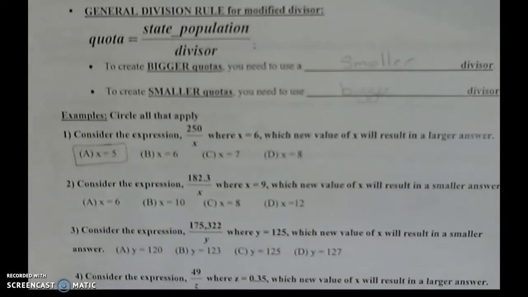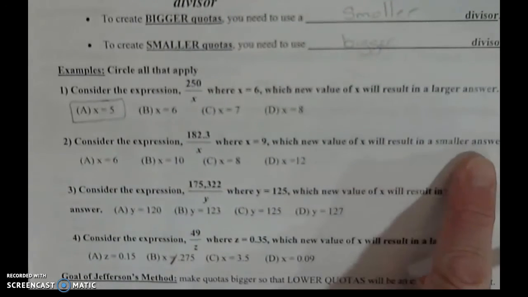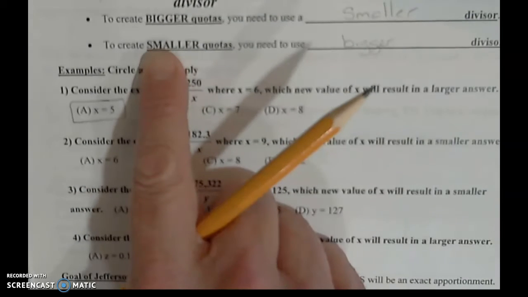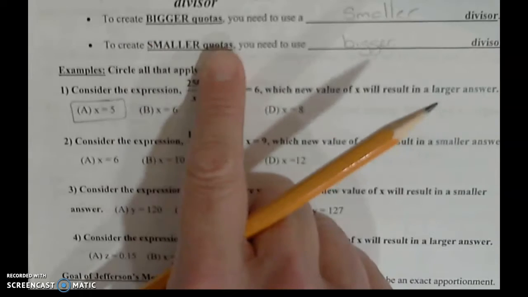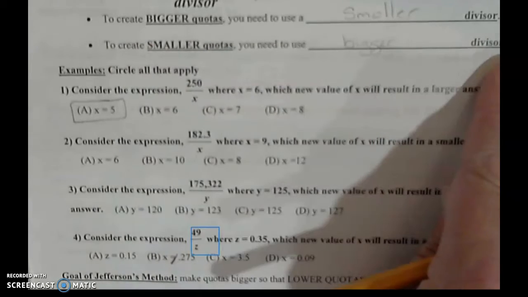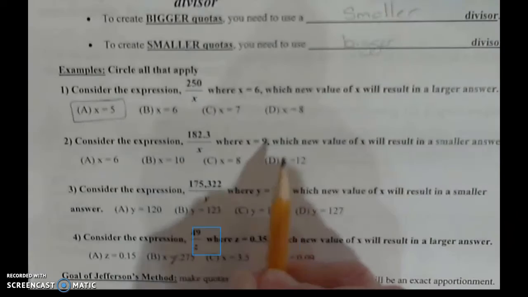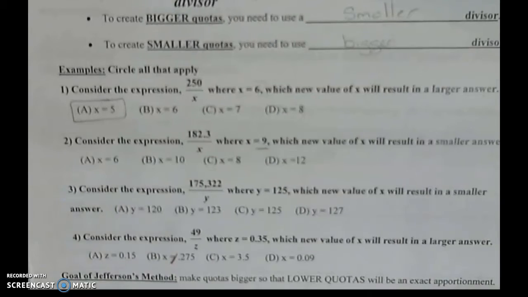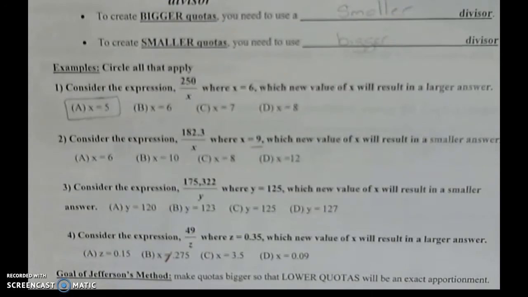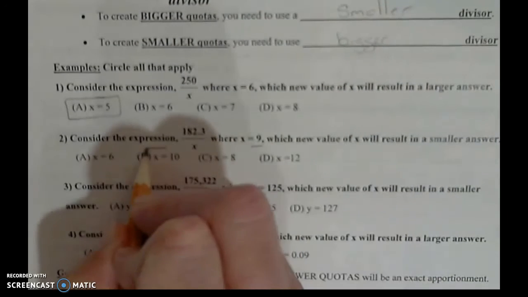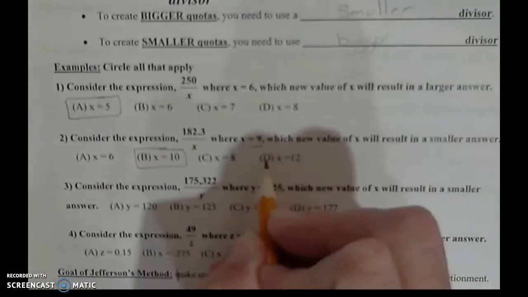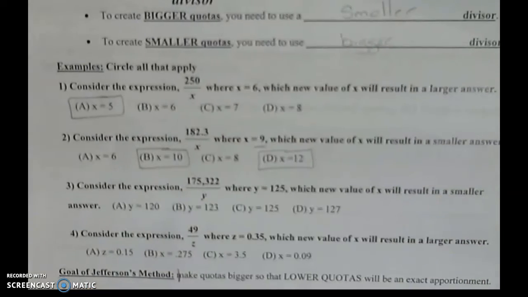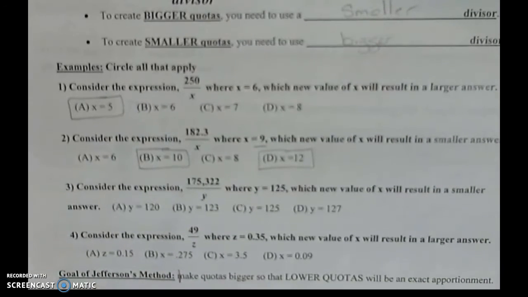So if I want the answer to be smaller, so if I want a smaller quota, I need a bigger divisor. So if my divisor was already 9, a bigger divisor would be what? 10 and 12 would be our possibilities there.